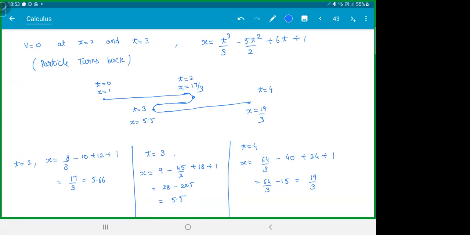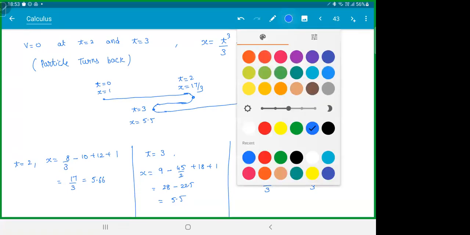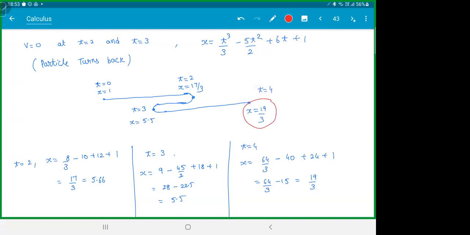Please check. If they ask you to find the distance, there is no other way but to actually plot it; for each part you have to plot and find. Because if you just find x at t is equal to 4 and t is equal to 0 and subtract, you get displacement. What I asked you is for distance. So you need to find this length plus this length plus this length.